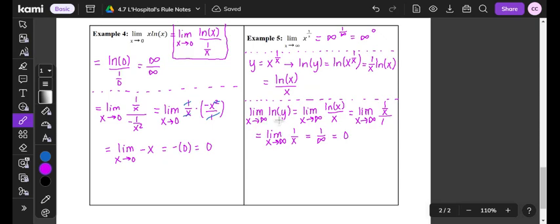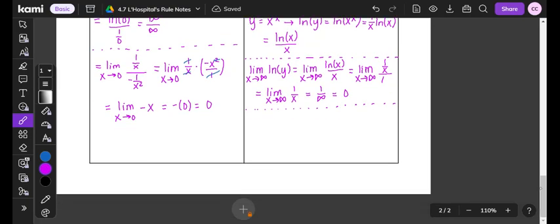Now, I didn't want this limit, though. I wanted the limit of regular y. So now I'm going to have to do one last little step here to see if I can figure that out. Okay, now, again, another weird logarithm rule.